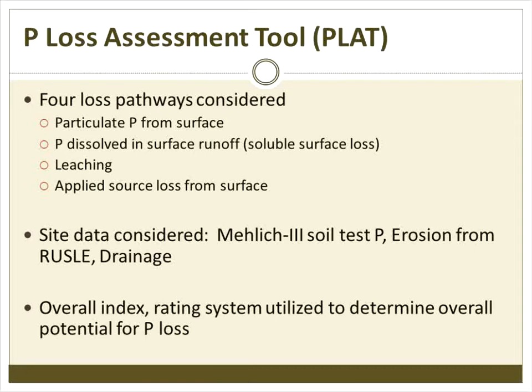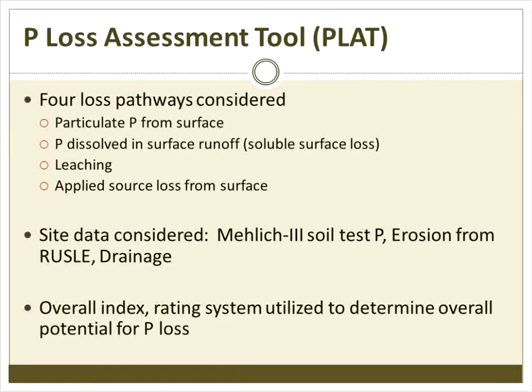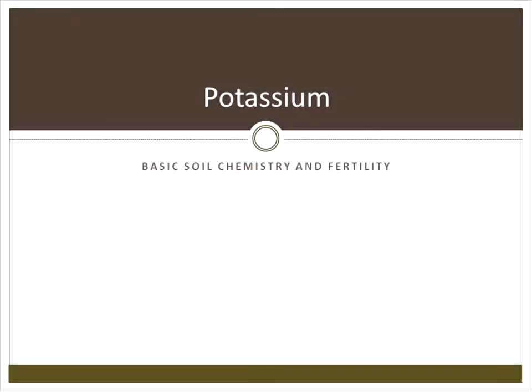It looks into things like the soil test phosphorus value, erosion using the revised universal soil loss equation, and drainage issues, etc. So basically what we're trying to do is put together the pieces of the puzzle, which looks at not only these loss pathways, but how big the pools of phosphorus in the soil are, so we can calculate whether a particular site is at risk of causing us some problems later down the road, or further downstream, literally, from a water quality perspective.